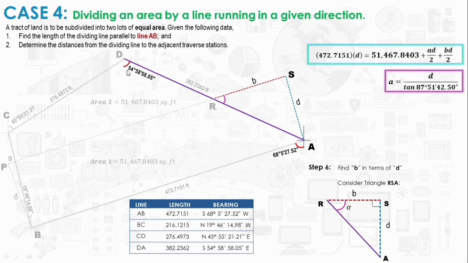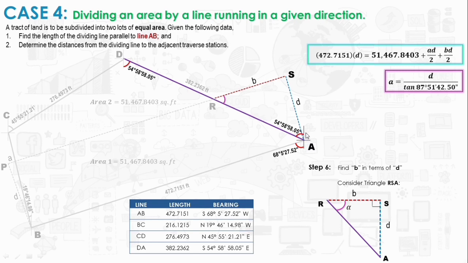So, if this is 54 degrees, 58 minutes and 58.05 seconds, this also should be equal to 54 degrees, 58 minutes and 58.05 seconds. Tama? So, based dito sa drawing natin, ayan.